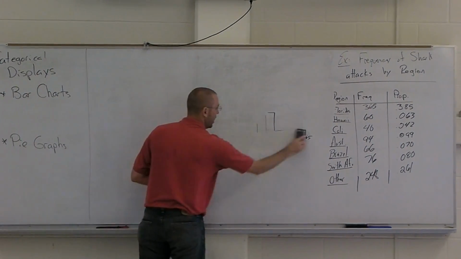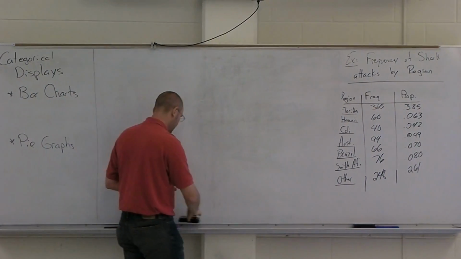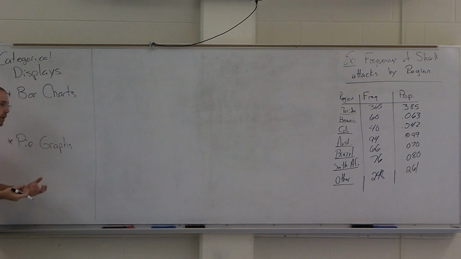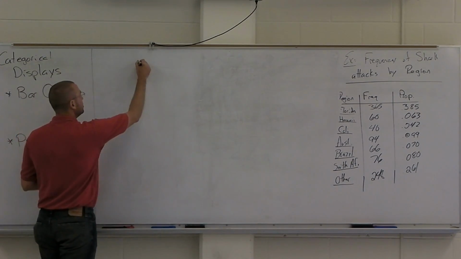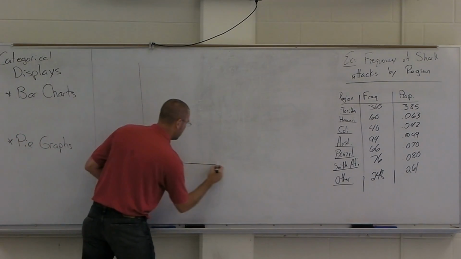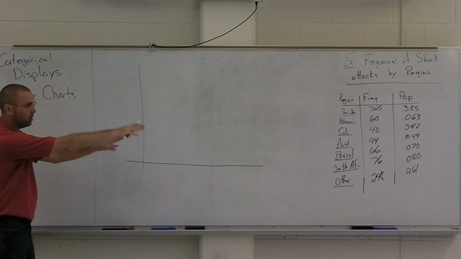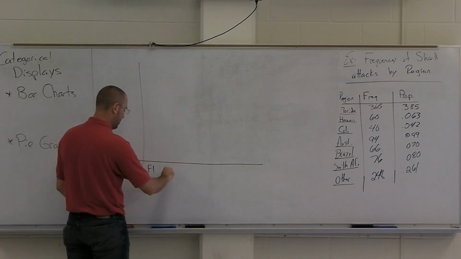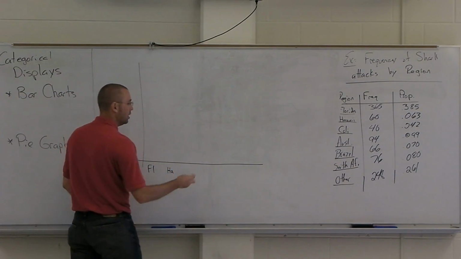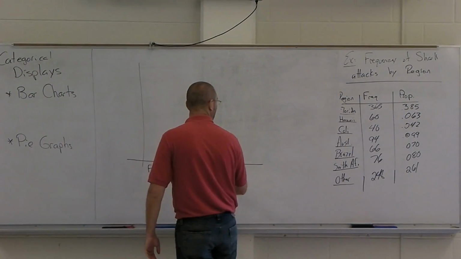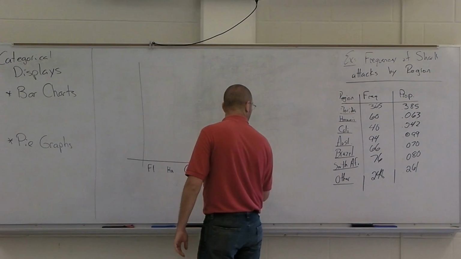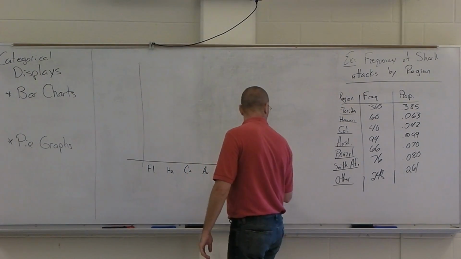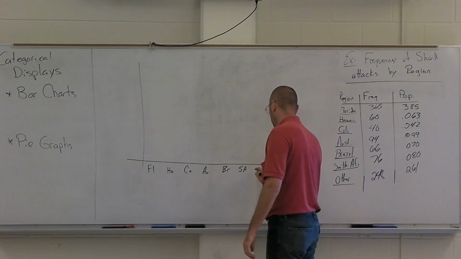If we're going to create a bar chart with this data, how many bars are we going to have? 7. So there are 7 bars. Again, across the bottom are all of our regions. So our first region, Florida. Then we're going to have a Hawaii. Then we'll have a California, and Australia, Brazil, South Africa, and then other.